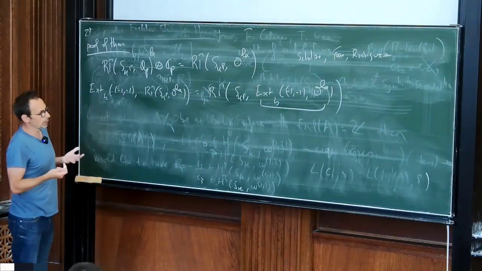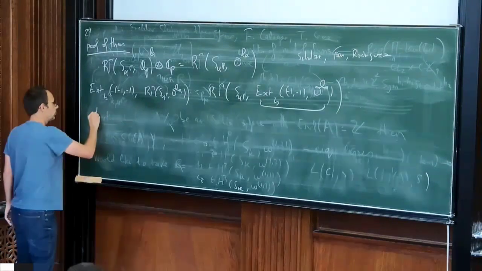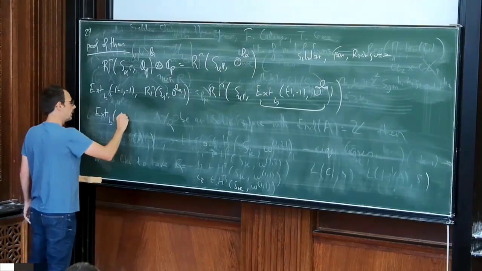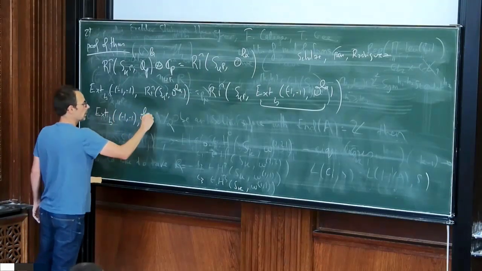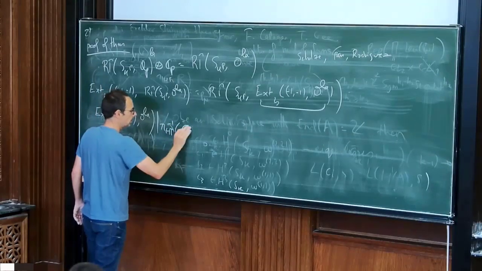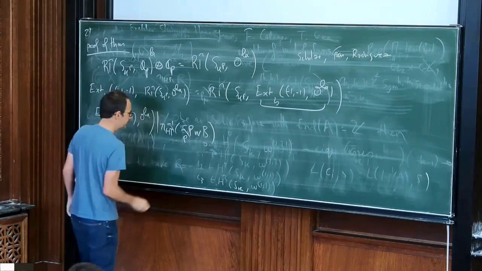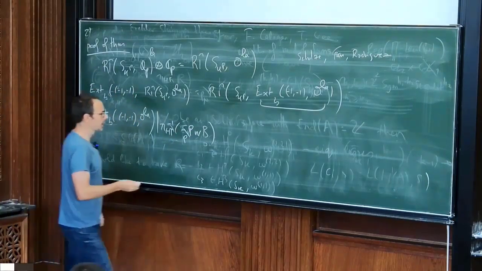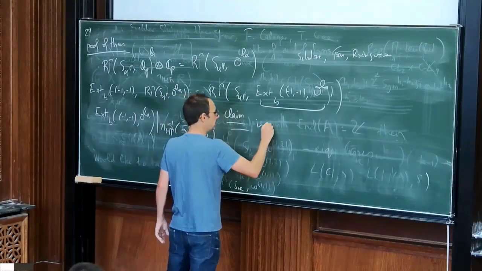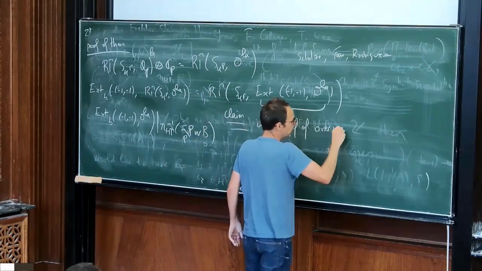The idea is to use the Bruhat stratification. So actually we're going to compute this on each Bruhat stratum. And the claim is that this is a sheaf of overconvergent modular forms.